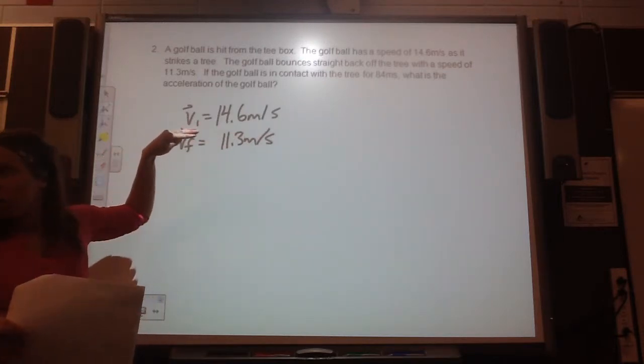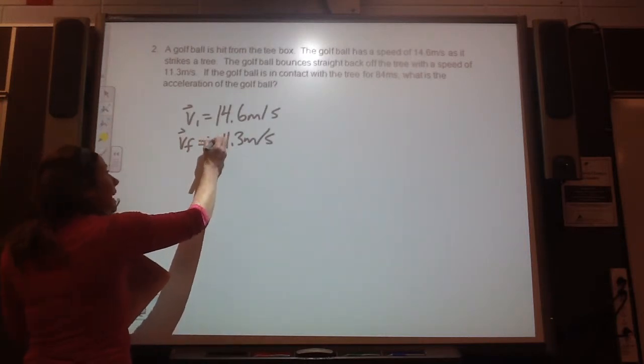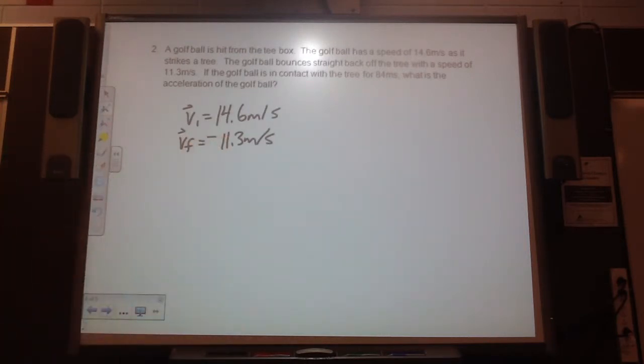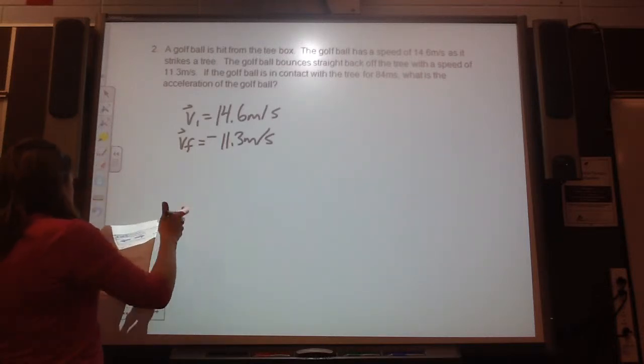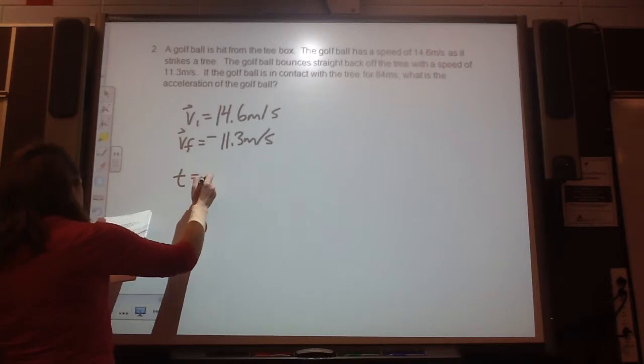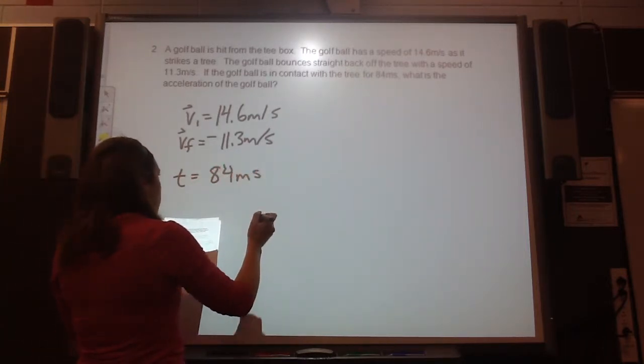So it would be a negative. That's right. It changed direction, so it's negative 11.3. So make sure again that you're paying attention to your directions for your velocity and displacement. If the golf ball's in contact with the tree, T is equal to 84 milliseconds, okay?